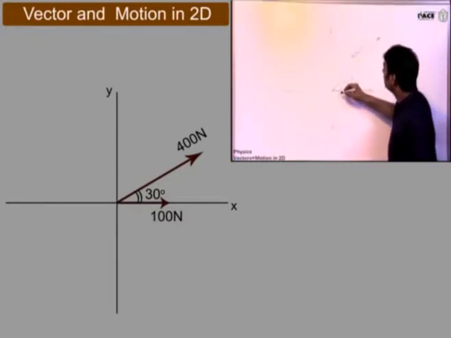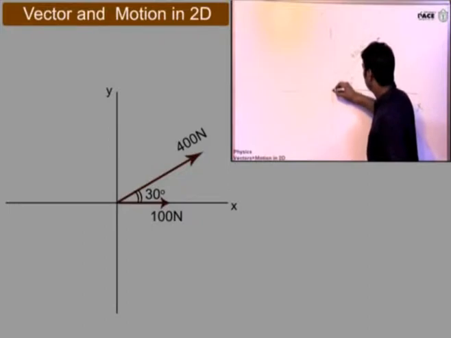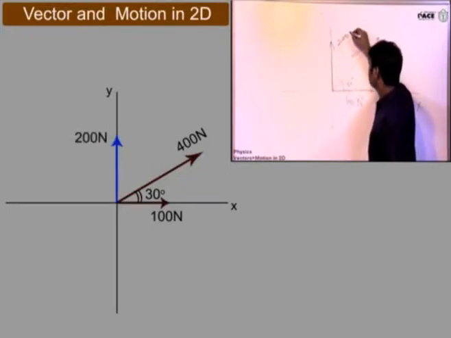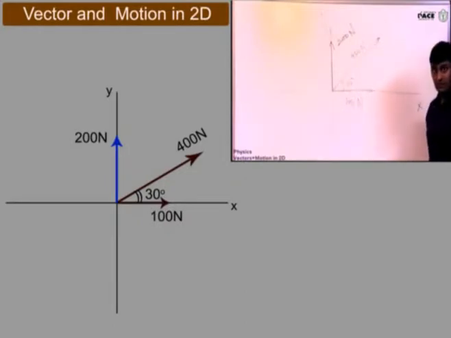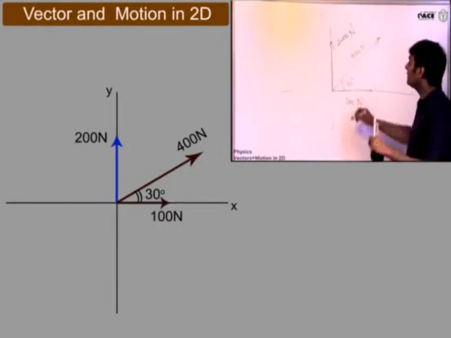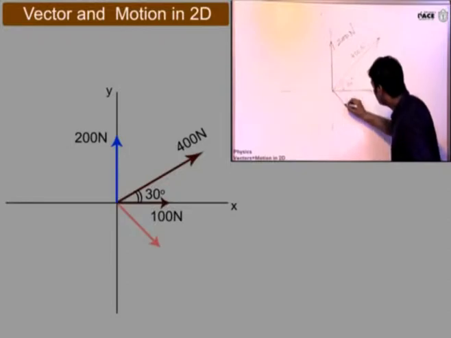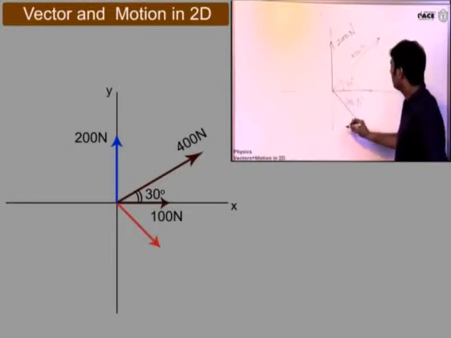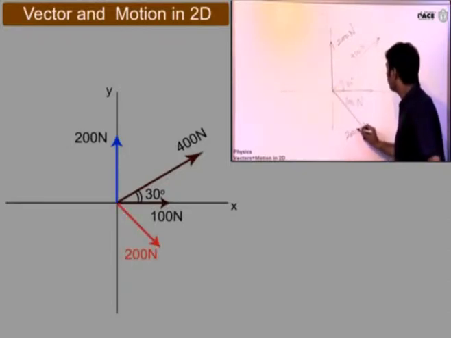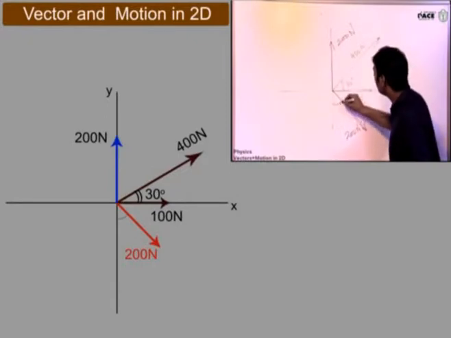Then I tell you there is a third vector, 200 Newton. And then I tell you there is a fourth vector in this direction. The fourth vector is 200 Newton. And this angle is 45 degrees.